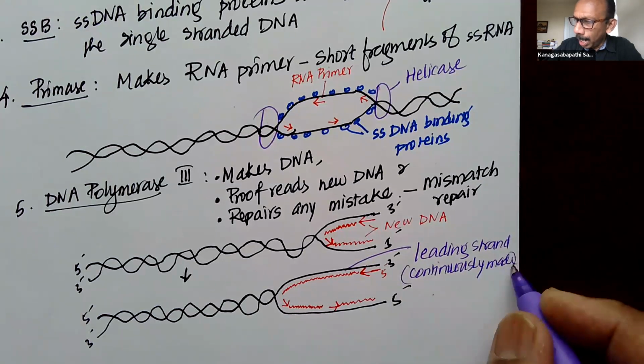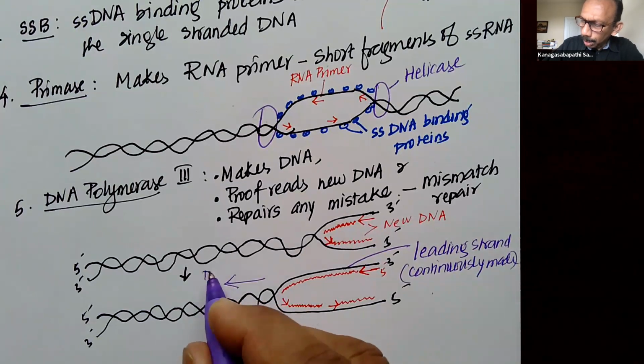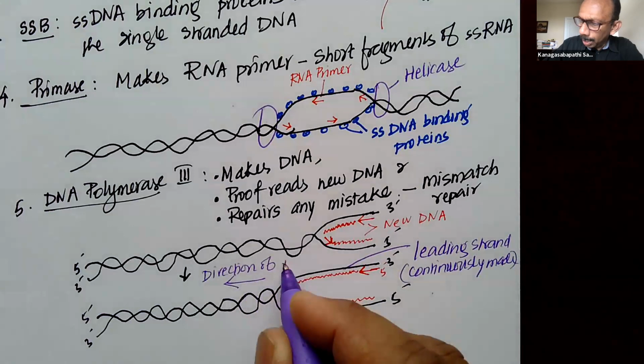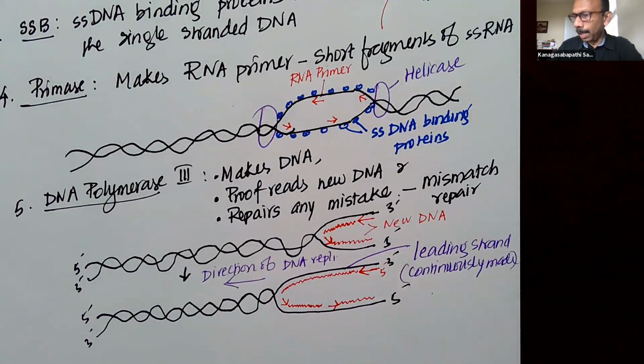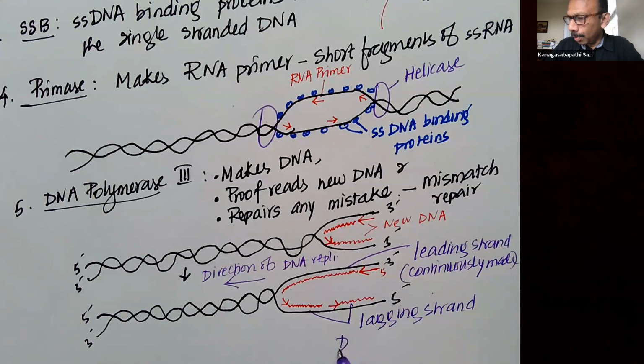Continuously made as the DNA replication proceeds. So this is the direction of DNA replication. So this goes parallel to the DNA replication, whereas these are called the lagging strand, and that is discontinuously made.